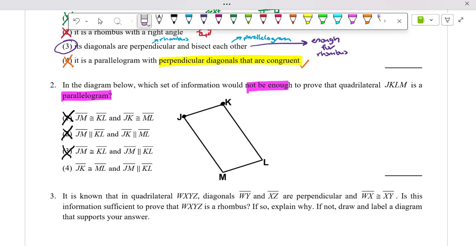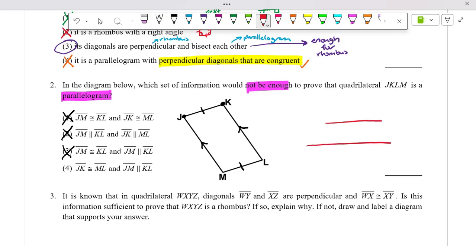And then the last one, JK is congruent to ML and JM is parallel to KL. Is that enough? It's actually not, because think about it. Let's think about a trapezoid here.